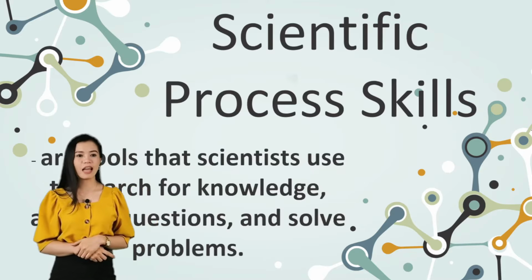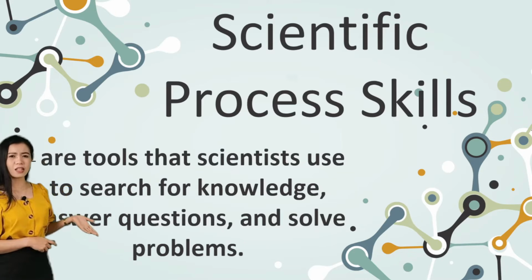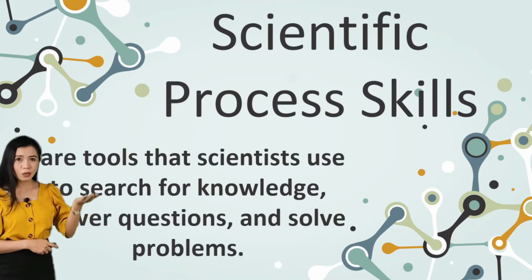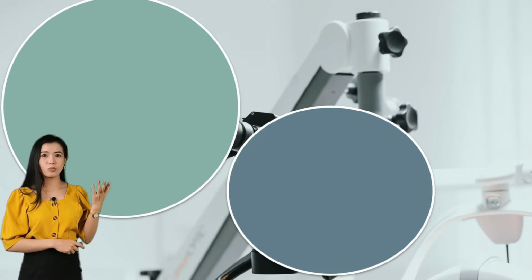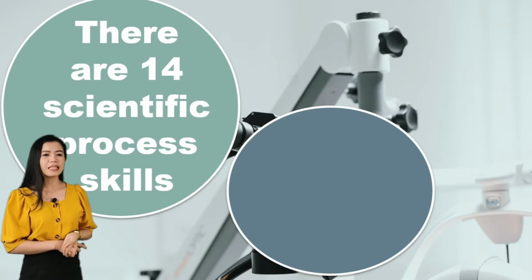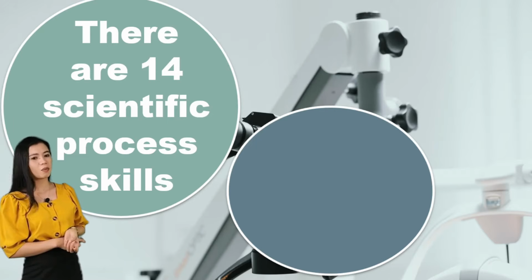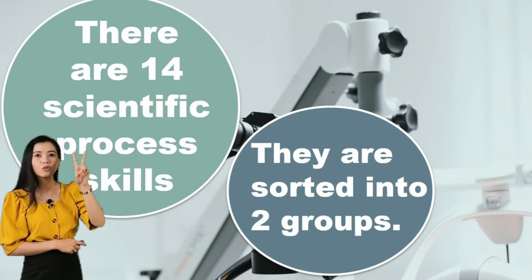What are scientific process skills? Scientific process skills are tools used by scientists to search for knowledge, answer questions, and solve problems. These skills are needed by scientists to do their work. There are 14 scientific process skills, sorted into two groups.